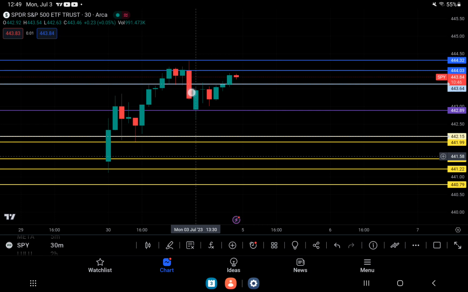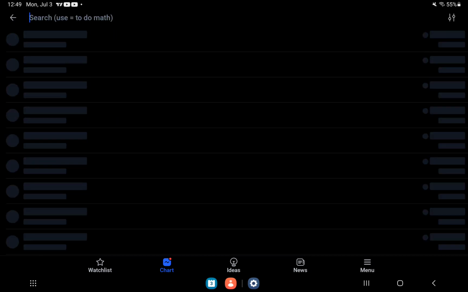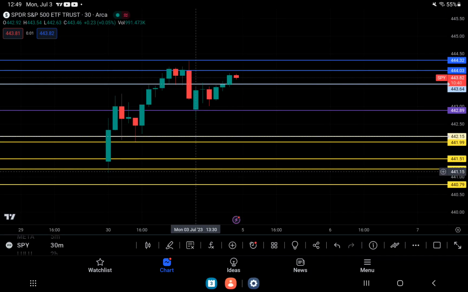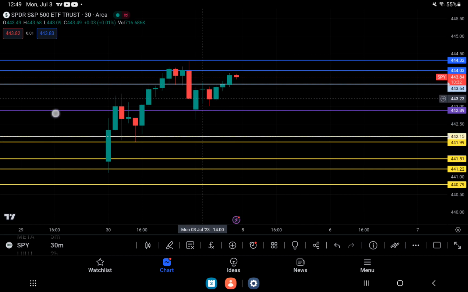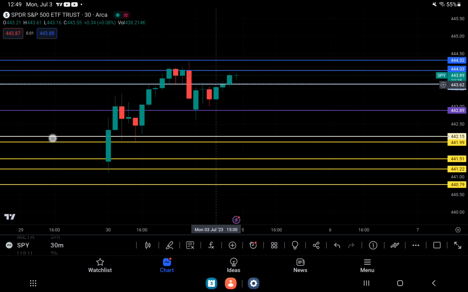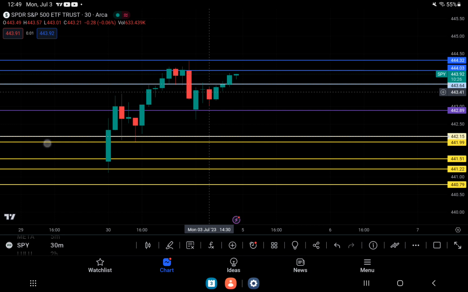Okay, so this green candlestick. Price opened, it went above the purple line, but closed below the light blue line entry. And then the next neutral candlestick, it closed also below entry for calls, but it still closed higher than the first candlestick.